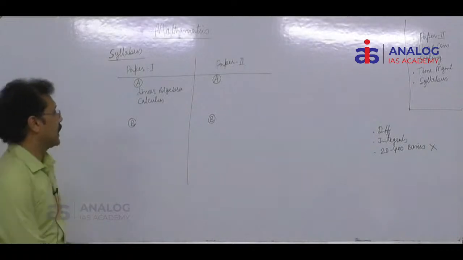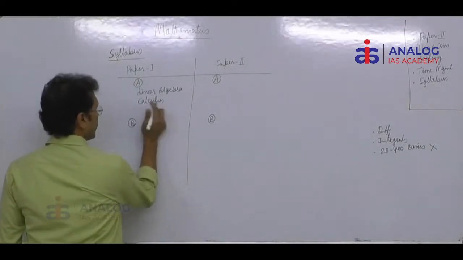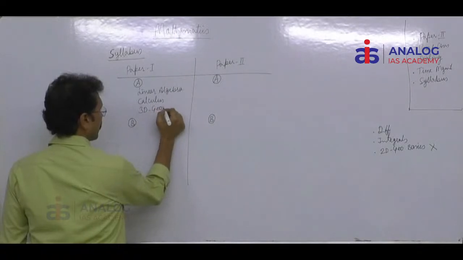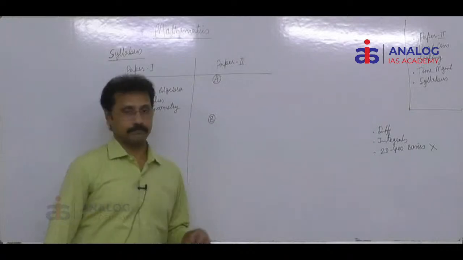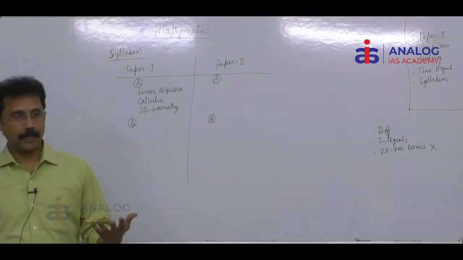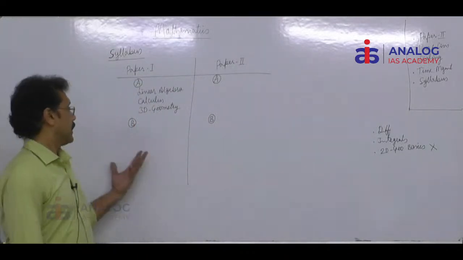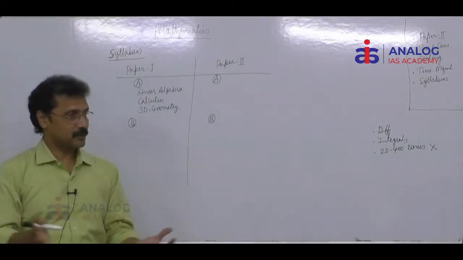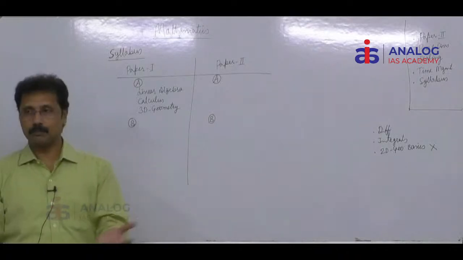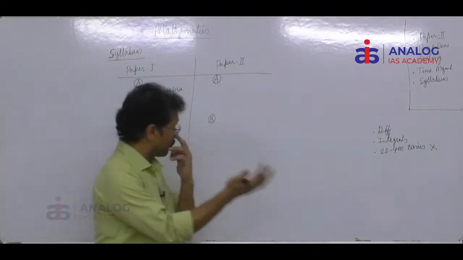And then we have geometry, which is 3-dimensional geometry. In 3-dimensional geometry we have a plane, which is a 3-dimensional object, and a straight line in 3 dimensions, a sphere. Instead of a circle in 2-dimensional geometry we have a sphere, and on spheres a lot of questions come into picture.